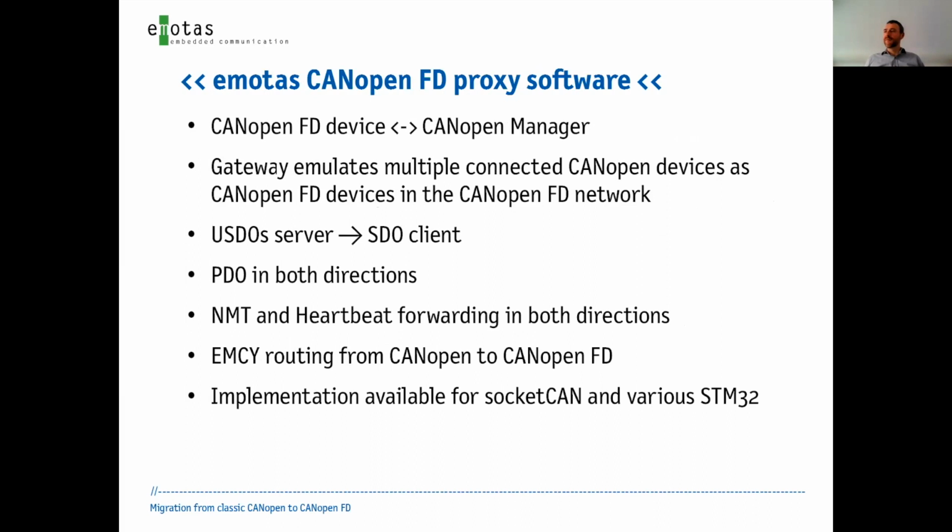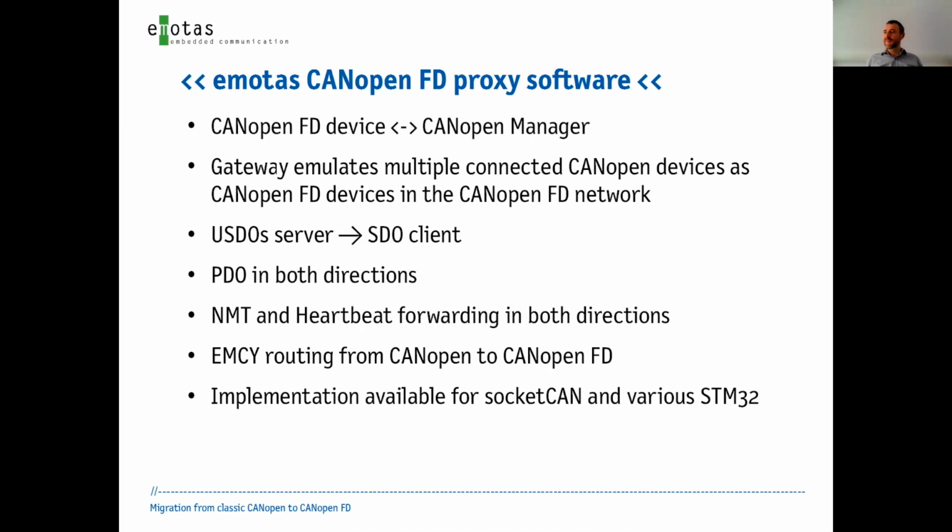The software is able to emulate multiple connected CANopen devices as CANopen FD devices in a CANopen FD network. Of course, it acts as USDO server on the CANopen FD side and as an SDO client on the classical CANopen side.